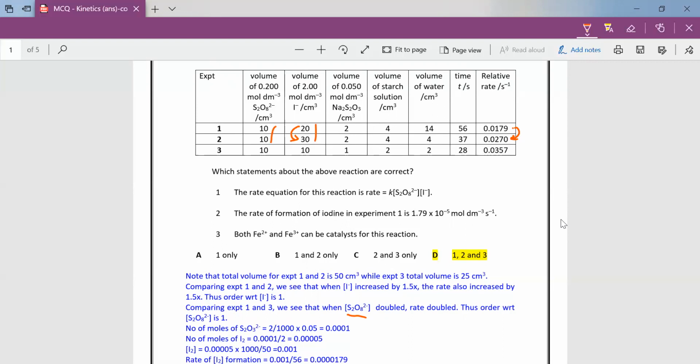Because the volume is half, right? Okay, so despite the fact that this looks like it's the same, right? But because the total volume is half, the concentration of the S2O8 doubled. All right, then the rate of reaction is also doubled.